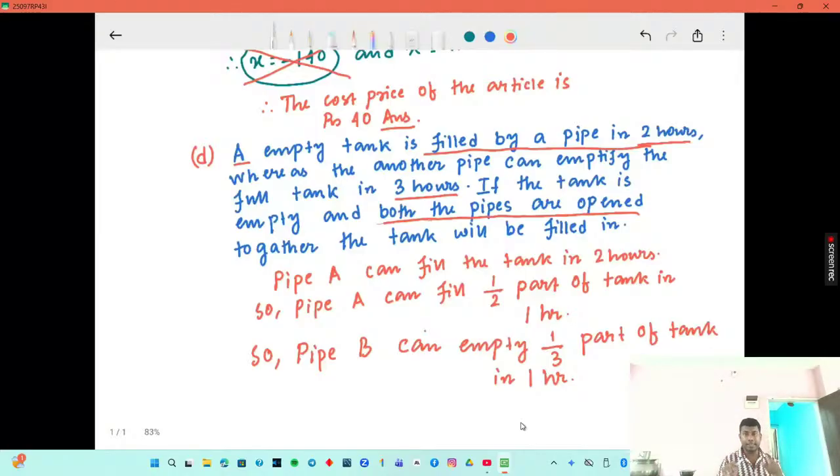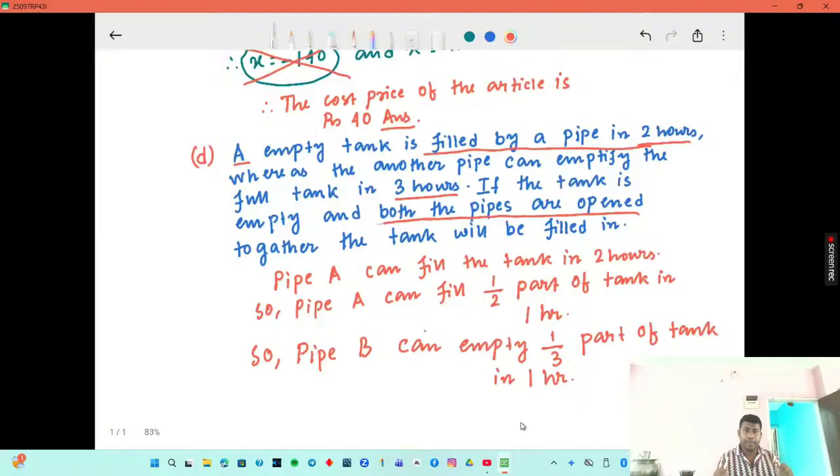When we are trying to fill anything, we are adding value into it, so the value taken to fill anything should always be positive. Is it clear to you?